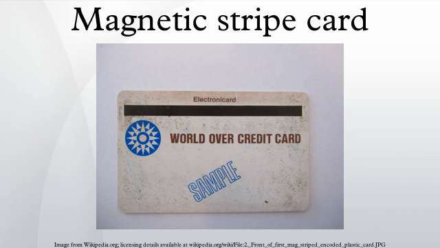Expiration date, 4 characters in the form YYMM. Service code, 3 characters. Discretionary data, may include PIN verification key indicator, PIN verification value, card verification value or card verification code. End sentinel, 1 character. Longitudinal redundancy check, it is 1 character and a validity character calculated from other data on the track.